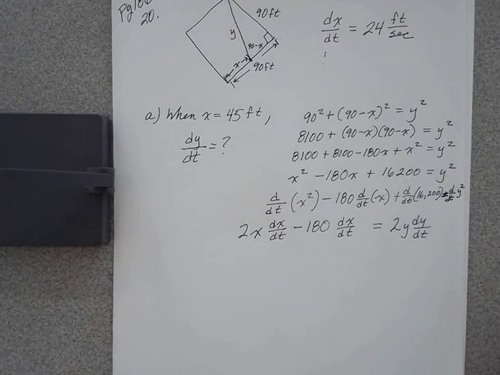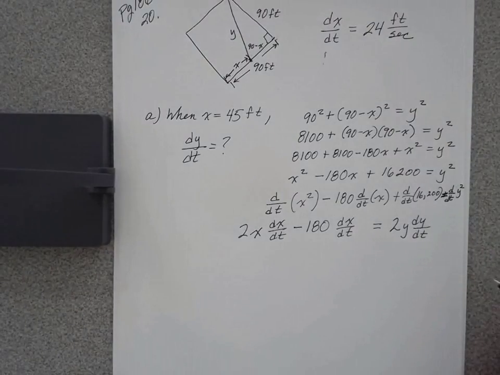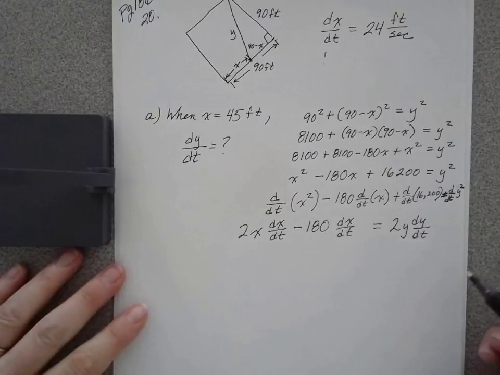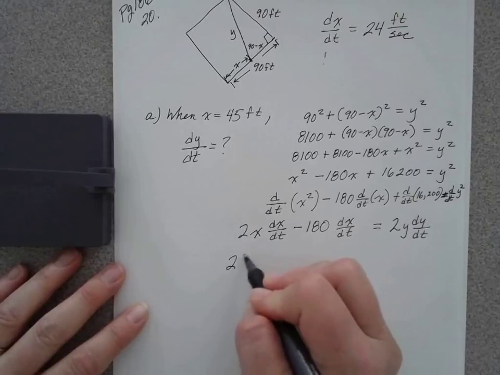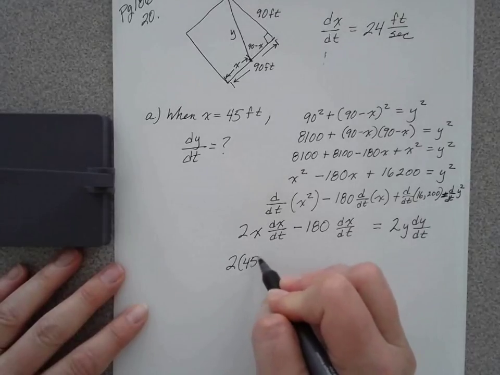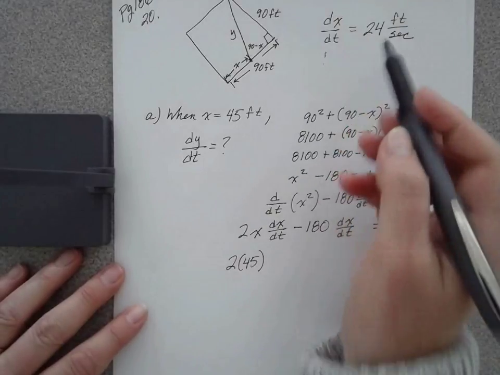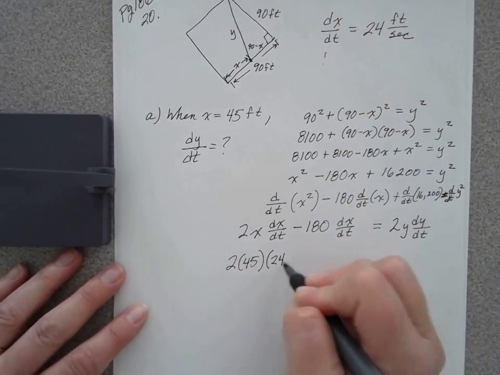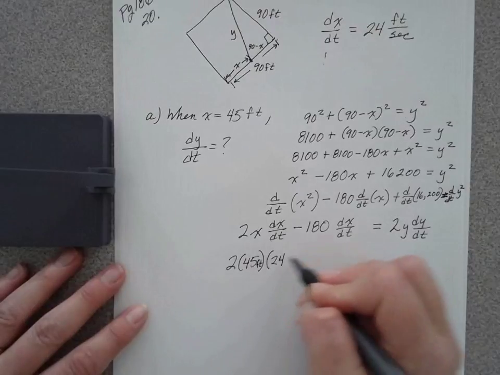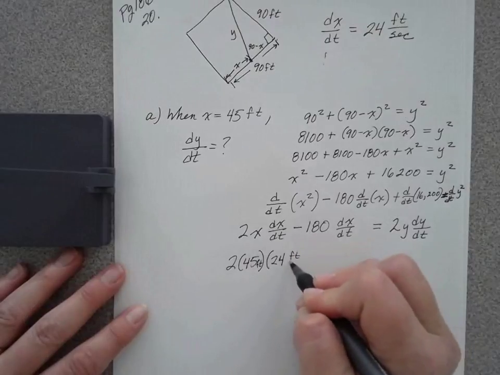Okay? All right, so after you do the derivative, that's when you plug in the specific values. So when x is 45, I'm going to plug in 45 for x. And we were given dx dt, which is 24. And this is feet, and this is going to be feet per second.